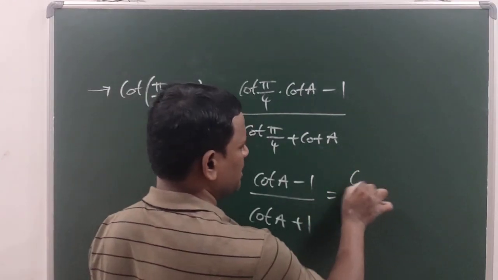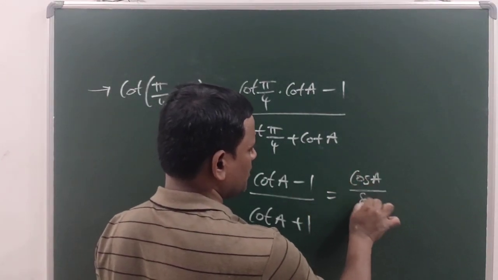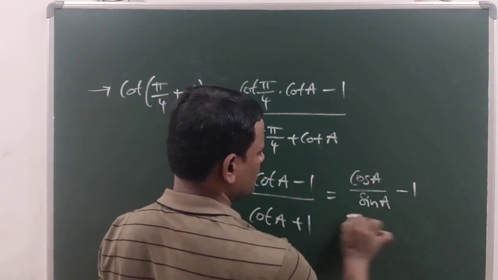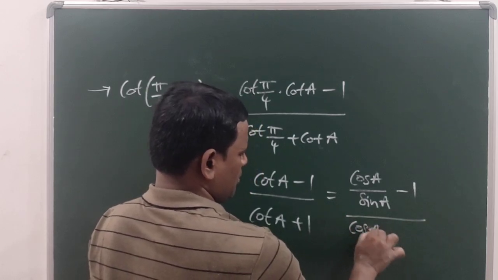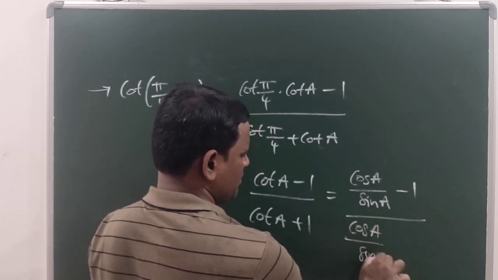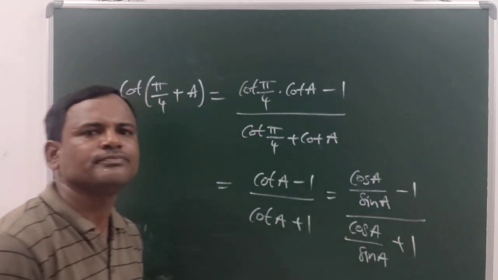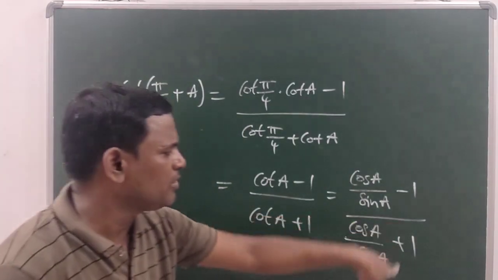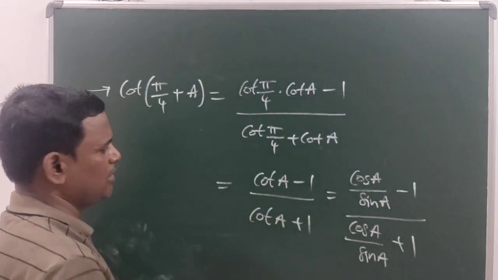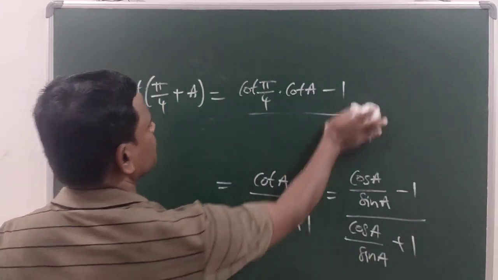Now take cross multiplication and go for simplification.